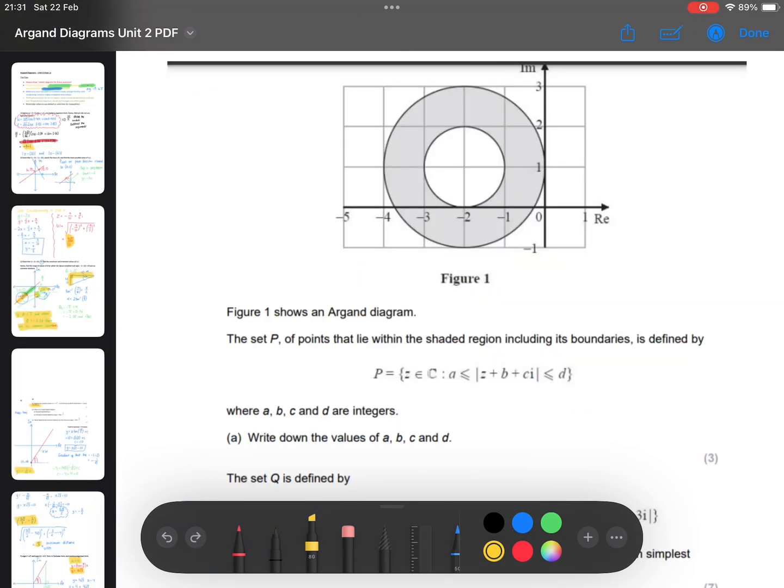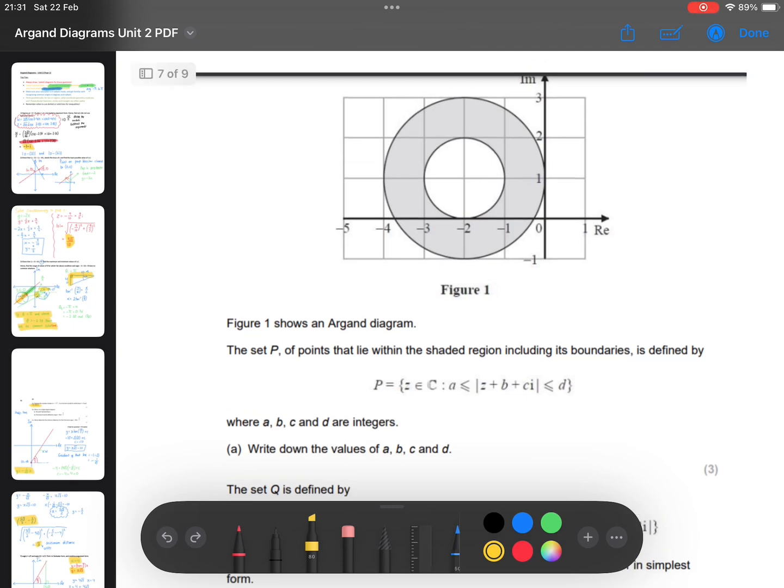So in this final question, this is the biggie, we have a set of points that lie within the shaded region, including its boundaries, defined by an inequality, which matches up with this shaded region here. But we've got unknowns in this inequality. We've got A, B, C, and D, which we need to find. And so I'm going to start by recognizing that the center of both of those circles is minus 2, 1.